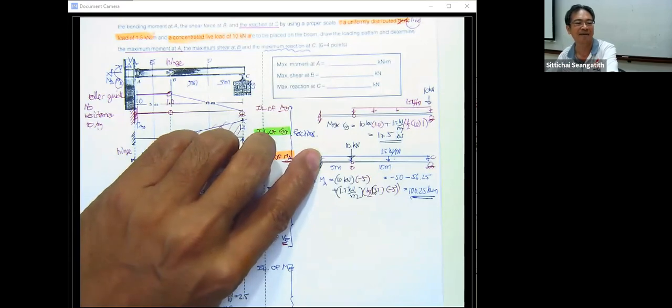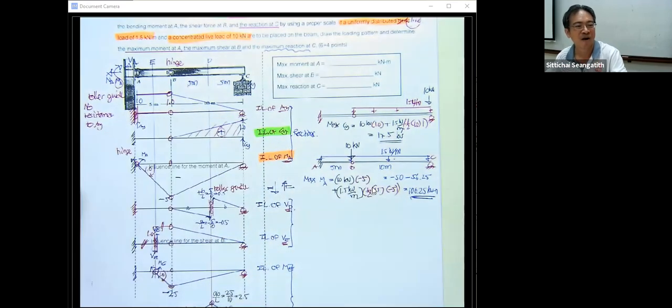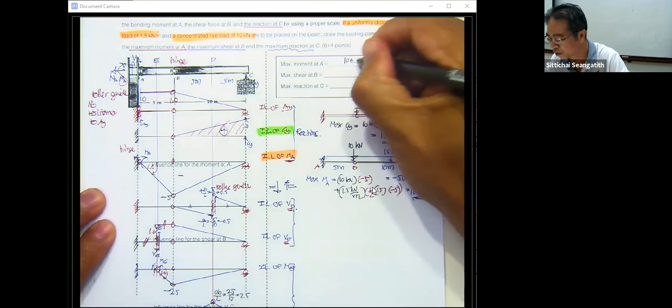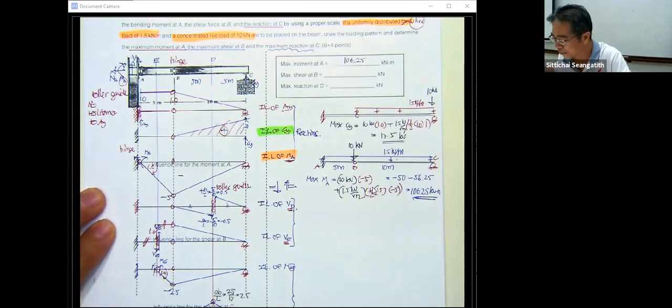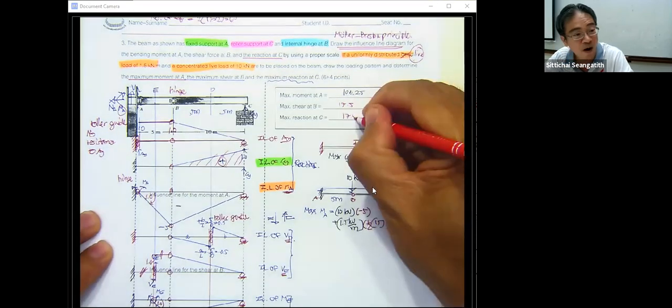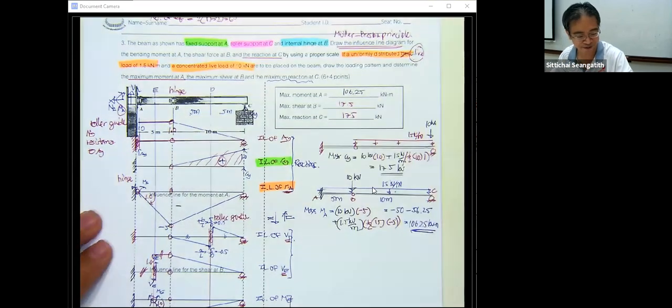It's not that hard. Okay. So maximum moment at A is what? 106.25 kilonewton meter. And maximum shear at B is 17.5. And maximum reaction also 17.5.